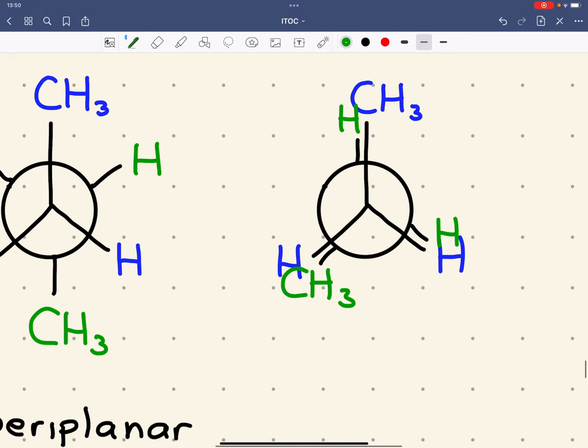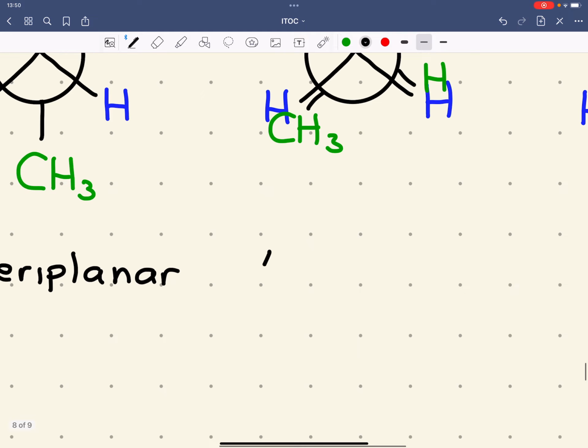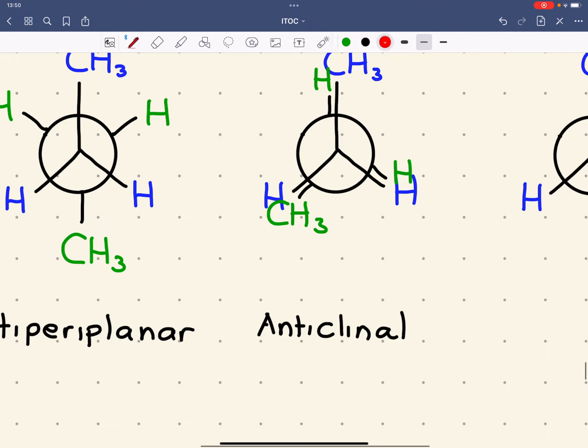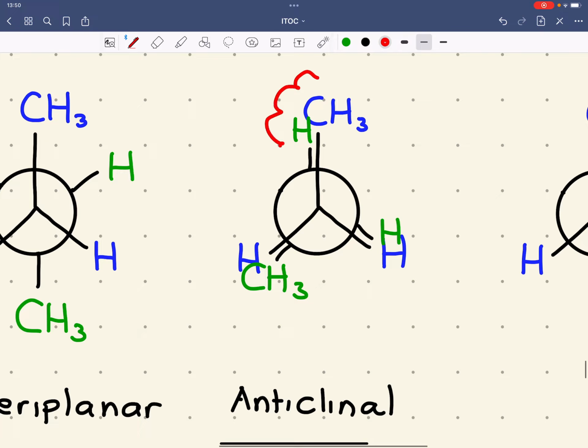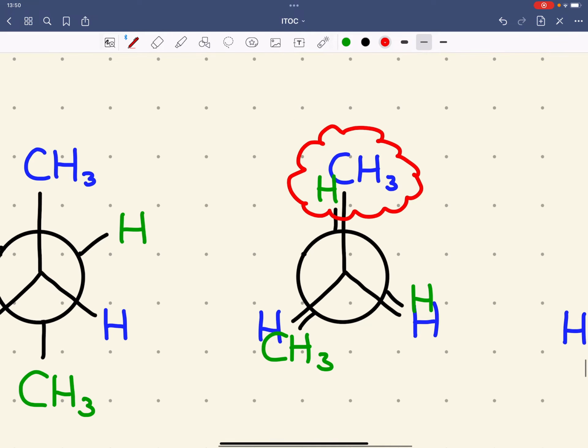And this eclipsed conformation is called an anticlinal conformation. And again, we've got some torsional strain there.